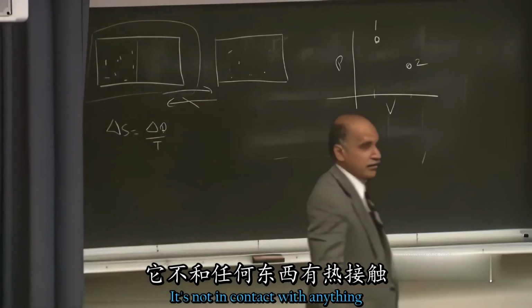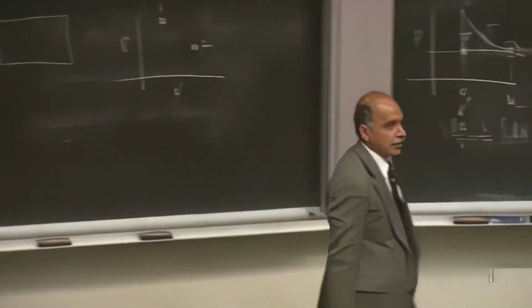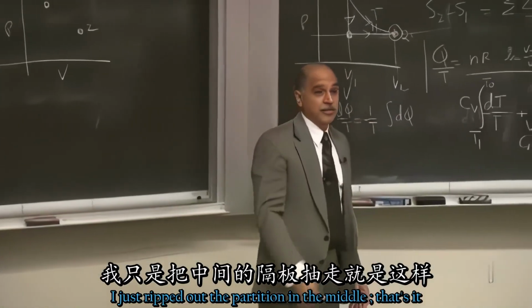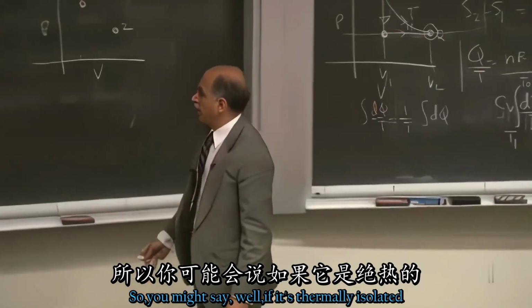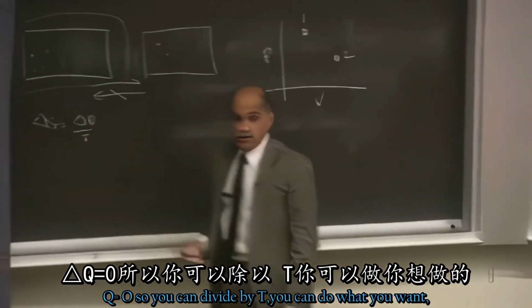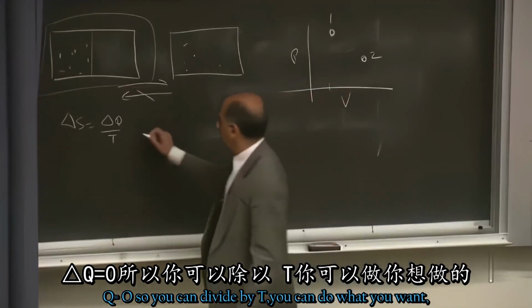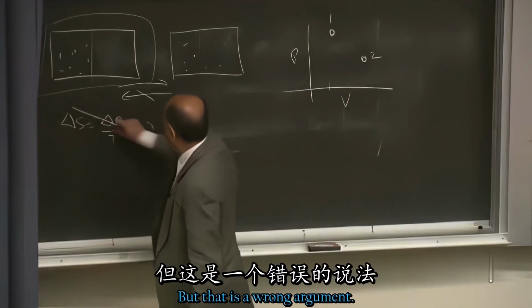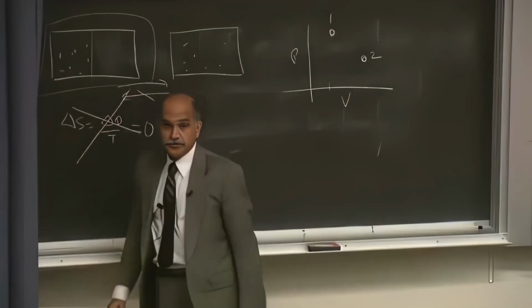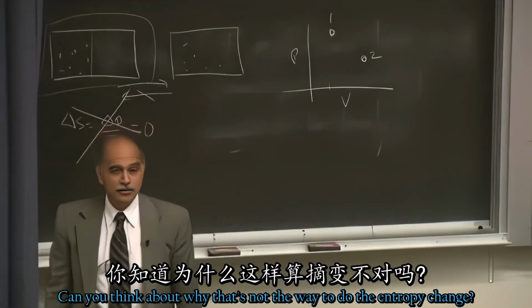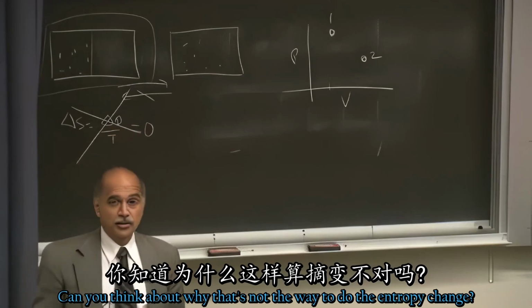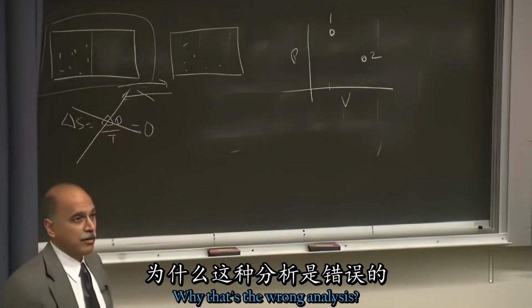It's not in contact with anything. I just ripped out the partition in the middle. That's it. So you might say, well, if it's thermally isolated, delta Q is 0. So you can divide by T. You can do what you want. So this entropy change is 0. But that is a wrong argument. Can you think about why that's not the way to do the entropy change, or why that's the wrong analysis?